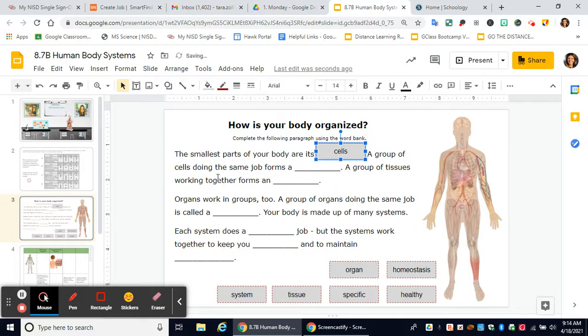A group of cells doing the same job performs a tissue. A group of tissues working together forms an organ.